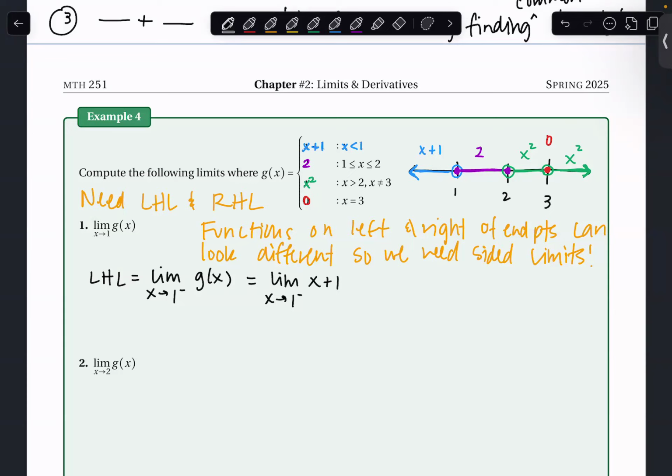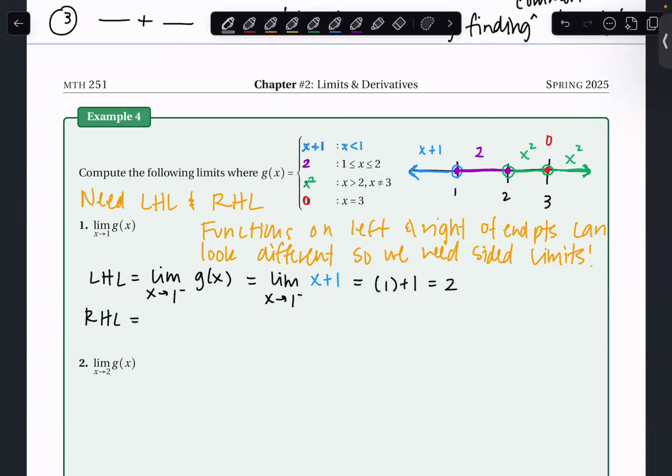And now this is something I have rules to help me find. This is a polynomial. I can just plug in my value, and it tells me what happens on the left-hand side here. So here, I plug in 1, and I get back 2. This is my x plus 1 that came from the left of 1.